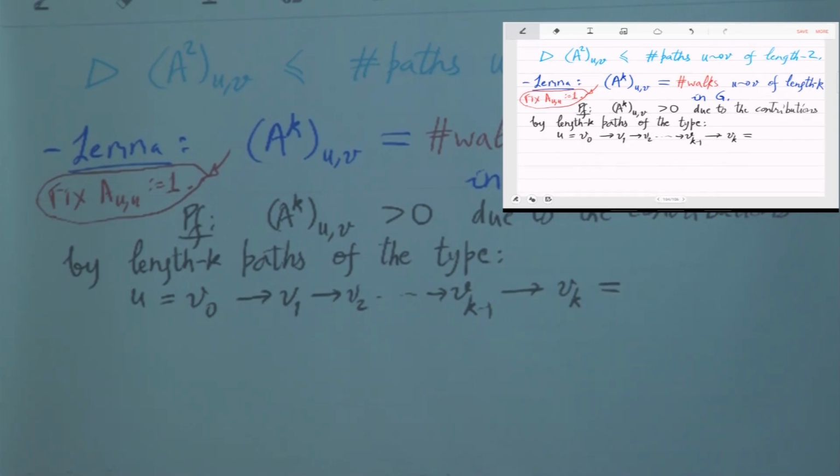Is that right? Yes, it has to be. So for k equal to 1, v0 is u and v1 is v.